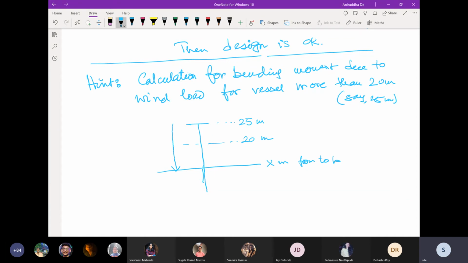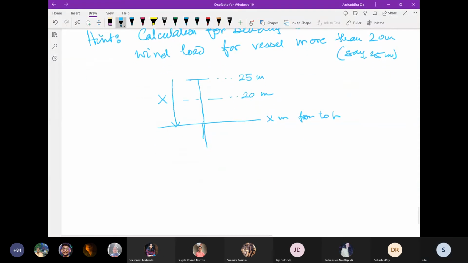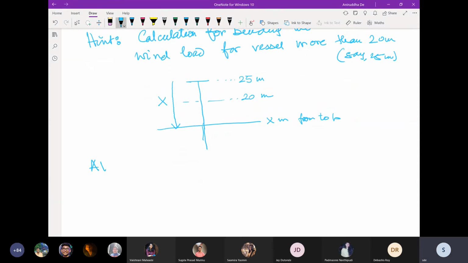That means this height is X meter. So at a location, let's say, PP prime, location PP prime, X meter from the top.